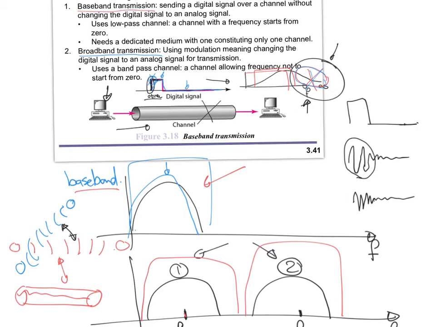So we said that for wired, we always use baseband, okay? And for wireless, we use broadband. Is there an exception for wired technology that uses the concept of broadband?